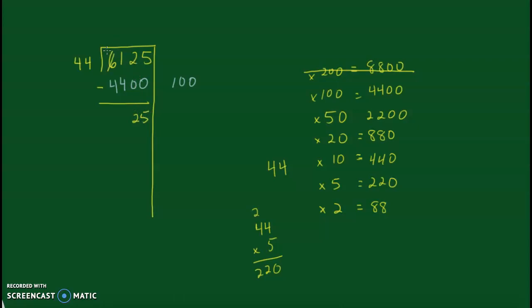I'm going to have to do some borrowing here. 11 minus 4 is 7. 5 minus 4 is 1. So that leaves us with 1,725. So if we look over here, the closest we can get to that is 880. And so our partial quotient for that is 20.